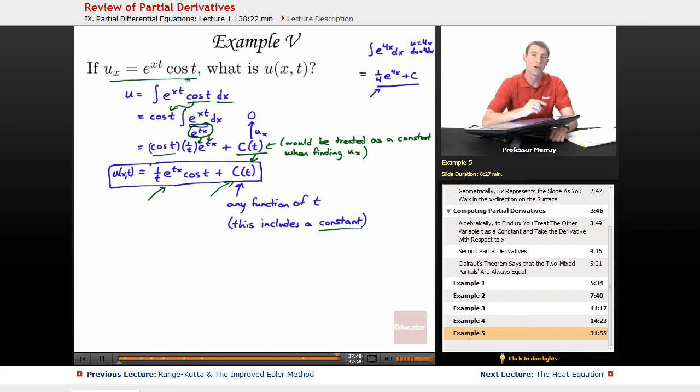So you could go back and watch those lectures again, and you'll get lots of practice with partial derivatives. This was just meant to be kind of a quick review, get a little practice brushing the rust off, so that when we start doing partial differential equations in the next lecture, you'll be ready to go. So that's the end of our lecture on reviewing partial derivatives.